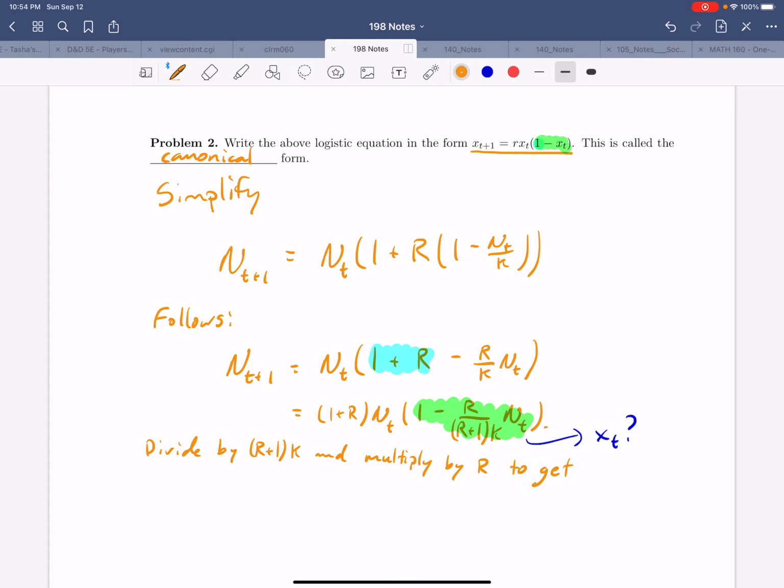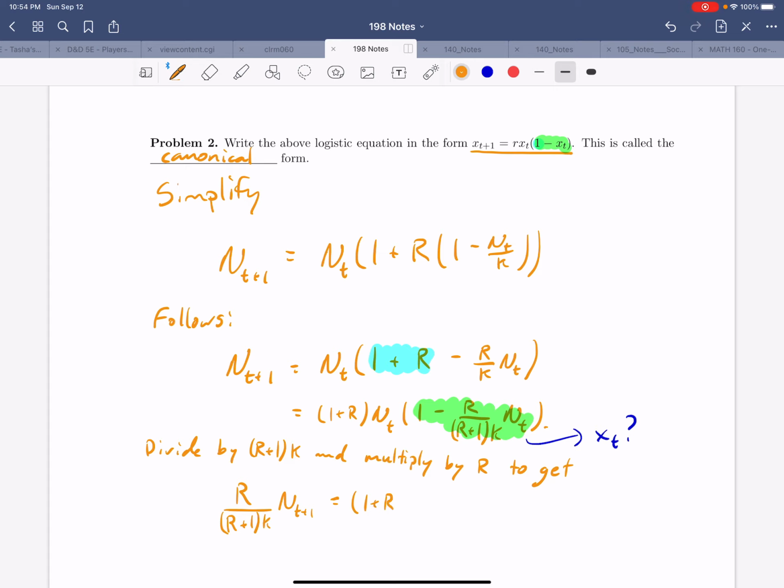And let's see what this gets. We're going to do this to both sides, so we're going to get r over r plus 1 times K, N of t plus 1, equals, well, now let's see if we do that to the other side. I'm going to keep the 1 plus r, actually. That'll be my r.